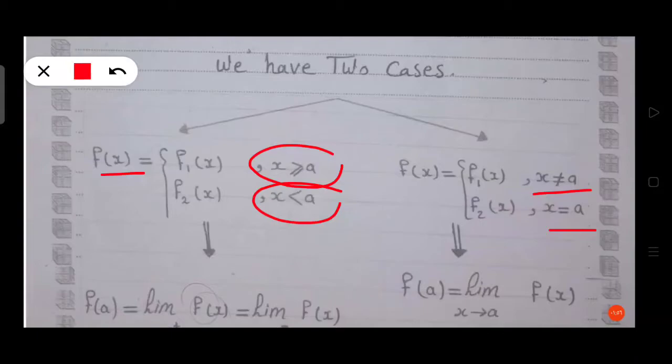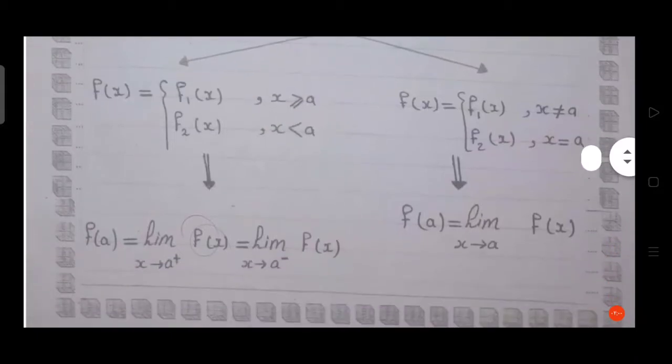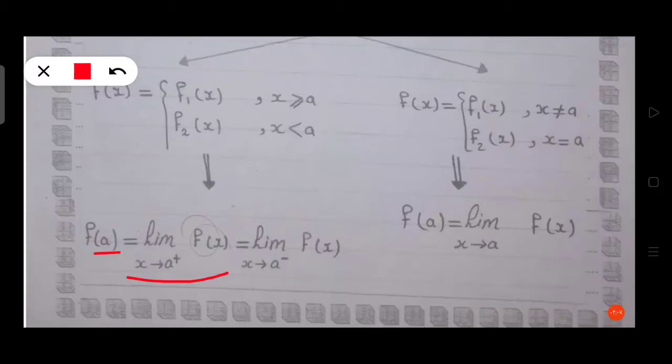Firstly, in more than or less than حالة الأكبر والأصغر معانا يا جماعة, f of a equals the right limit and equals the left limit. f of a equals limit x tends to a positive of f of x, equal to limit x tends to a negative of f of x.